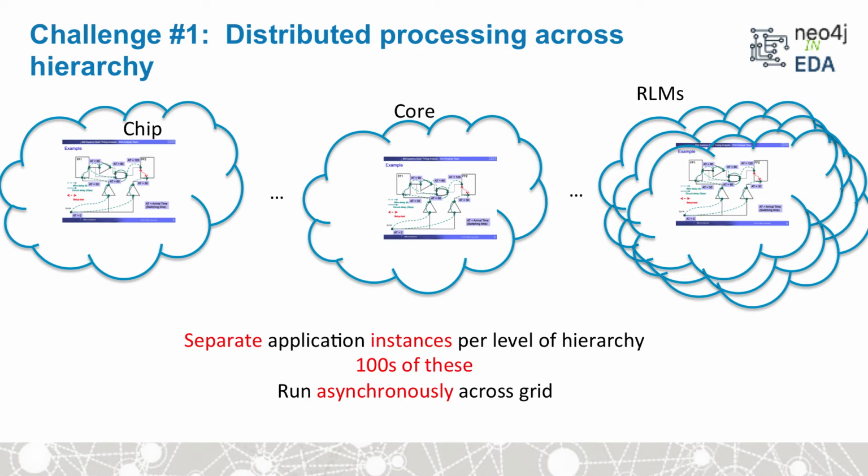So in order to design and analyze a complicated microprocessor with 5 billion transistors, we don't have a single graph running on a single machine. We divide the problem into hundreds of partitions. So we have hundreds of semi-related graphs all being run on different machines within our HPC cluster.